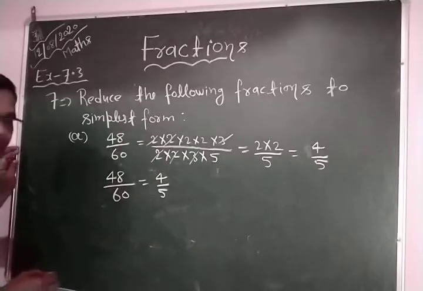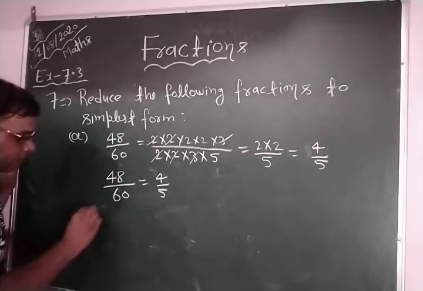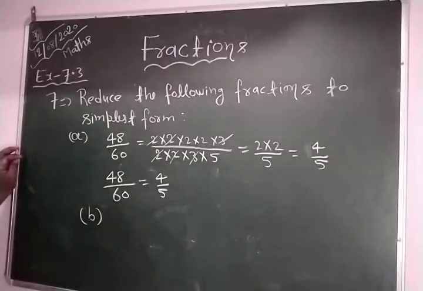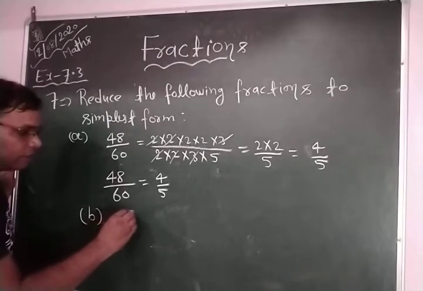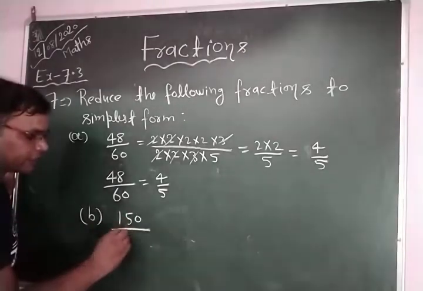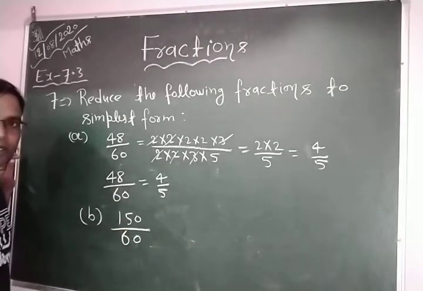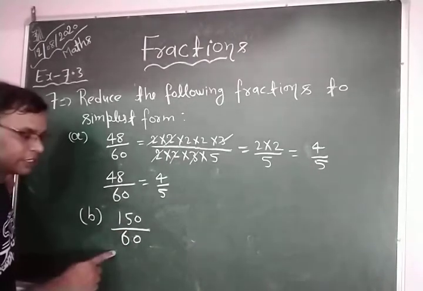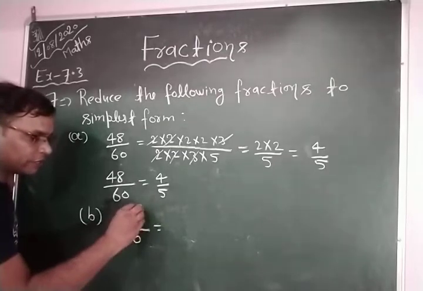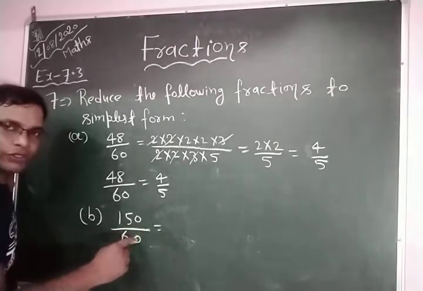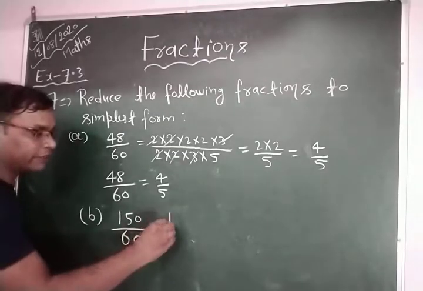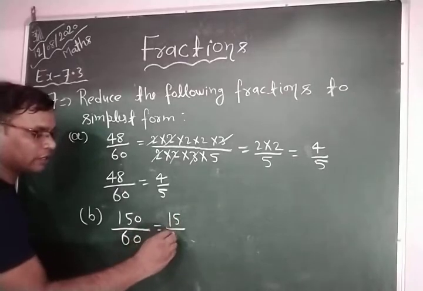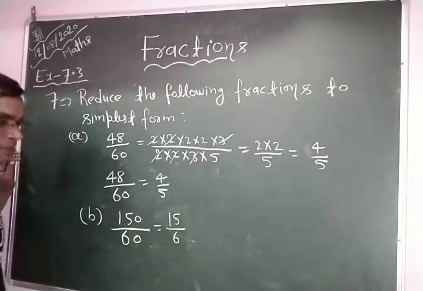Now this is the B part. B part is 150 by 60. We need to write it in simplest form. First you cancel the 0 and 0, and we have 15 by 6.